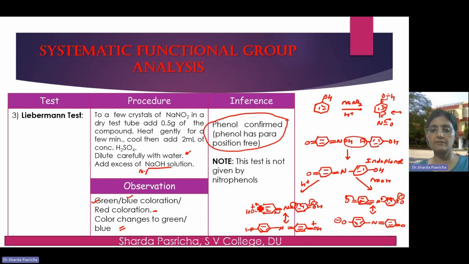So that is how this will give you the green or blue coloration in the acidic medium, and this will give you the green or blue coloration in the alkaline medium. And in the presence of water, you have this red colored solution because of the formation of indophenol. Okay, please note that this test will not be given by nitrophenols.